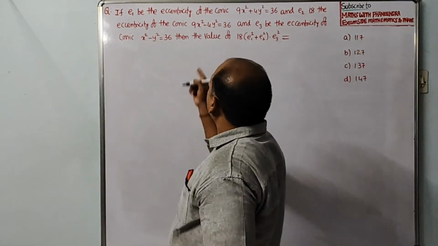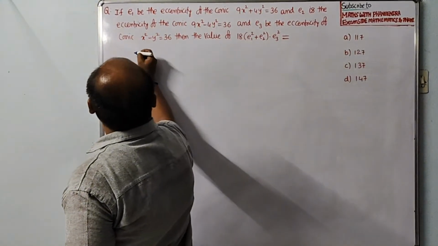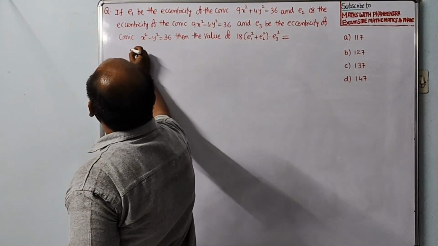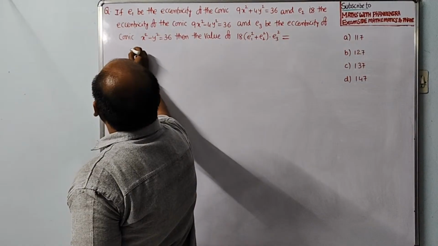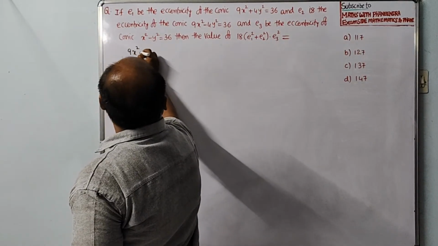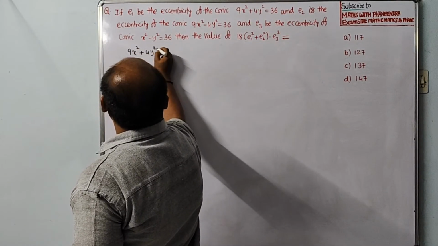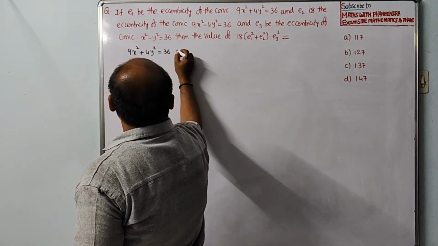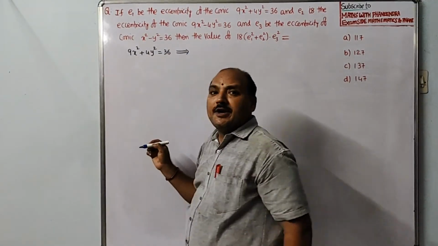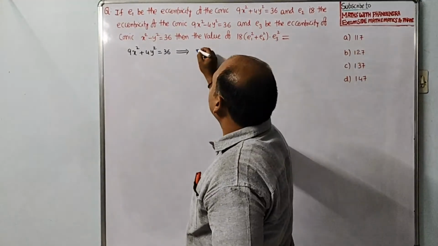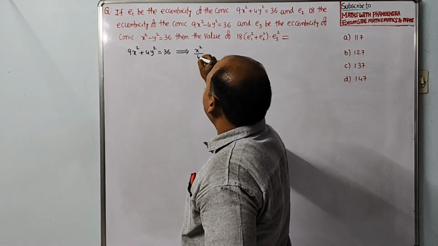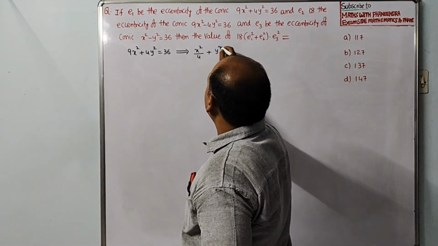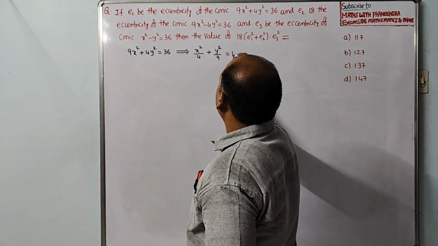First you have to write the given conics. First conic, 9x² plus 4y² is equal to 36. Bring it into the standard equation of ellipse: x² by 4 plus y² by 9 is equal to 1.